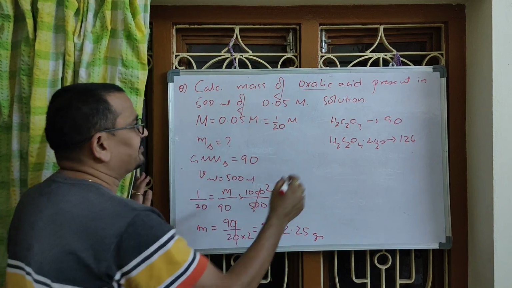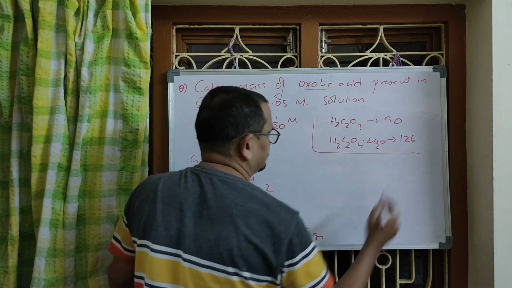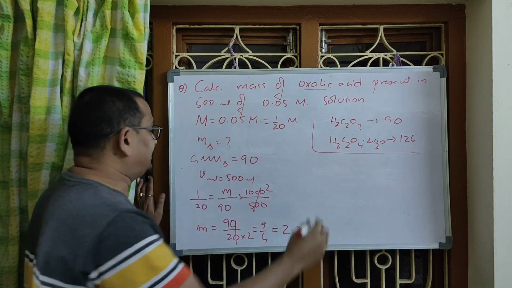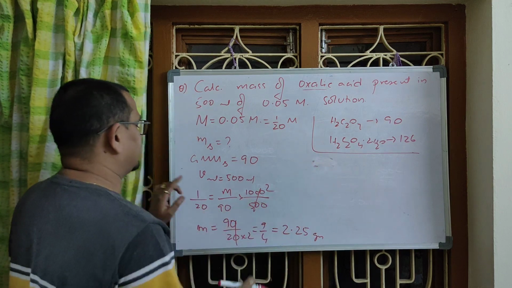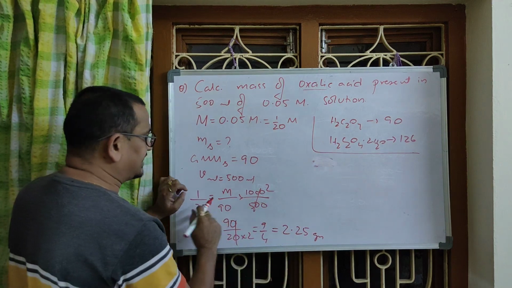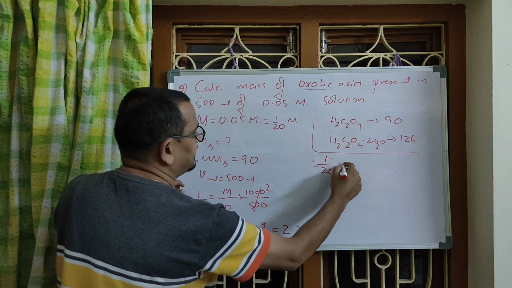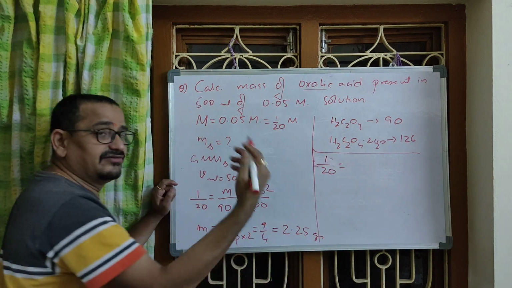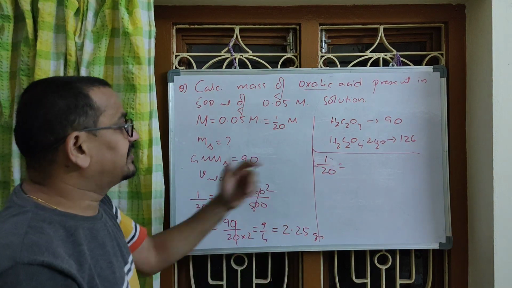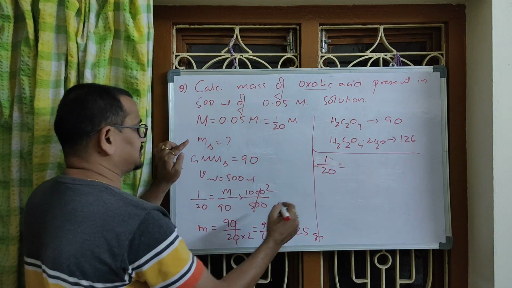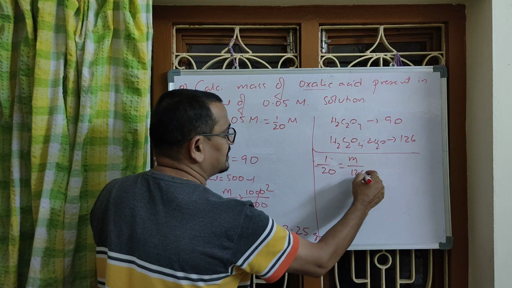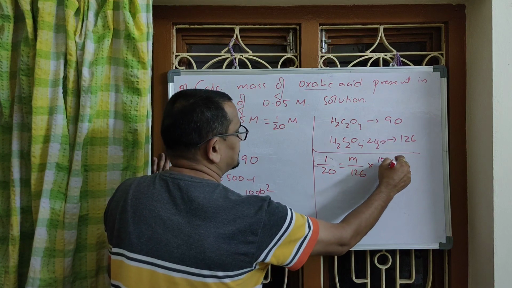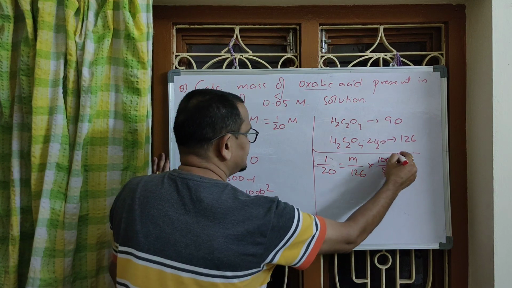If it is the hydrated form, molarity equals to, why take the formula again? Molarity equals 1 by 20. We are calculating for hydrated oxalic acid. Molarity equals mass, which we don't know, by molecular mass, now we have to try with 126, into 1000 by 500. 2 times.